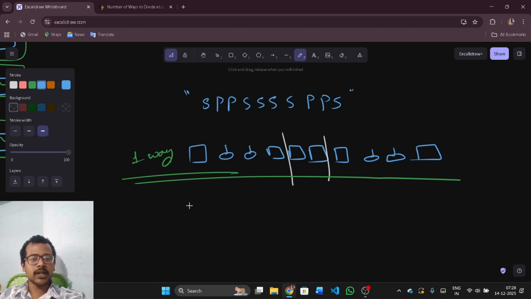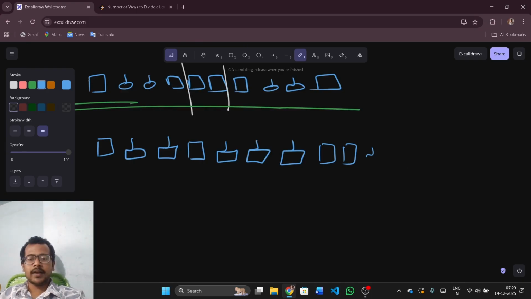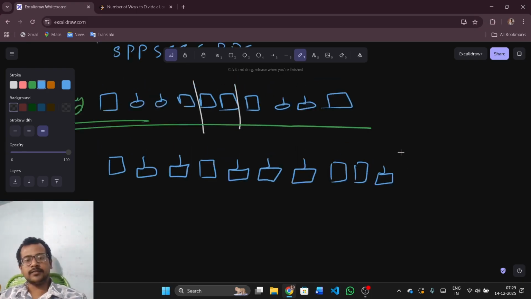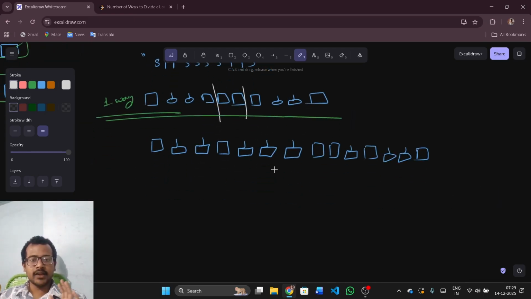But what if I had a seed and two plants and a seed, then three plants, a seed, a seed, a plant, then a seed, and then two plants and a seed? How many different ways can I place corridors? We need two seeds, so one, two. I will place it here.